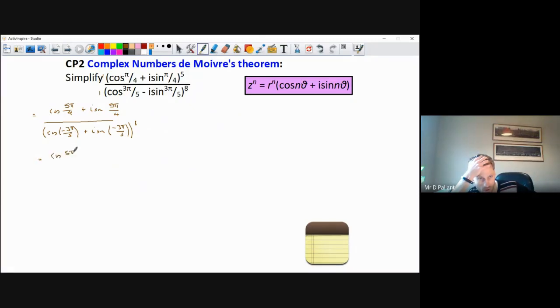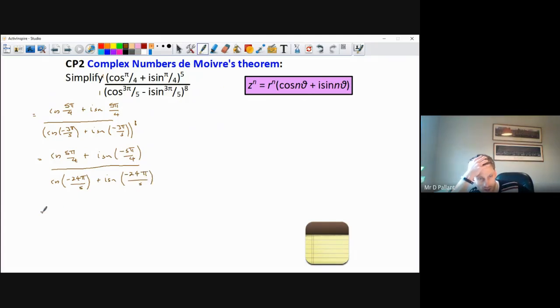So then I've got cos 5 pi on 4 plus i sine 5. It's not working very well, this tablet today. Sorry about that. Also, my writing is not very good. So that becomes cos minus 24 pi on 5. Like that.